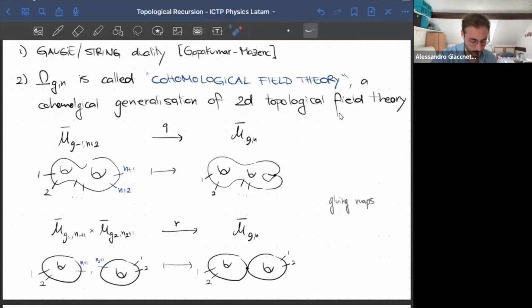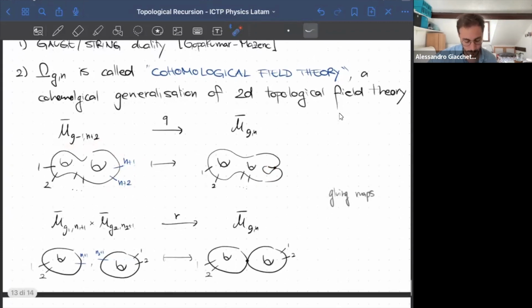Let's take something of genus g-1 with n+2 marked points. If you take these last 2 marked points and you glue them together, you end up with something of genus g and n marked points, because you lost the last 2 marked points by gluing them together, but you also acquired a genus in the process.